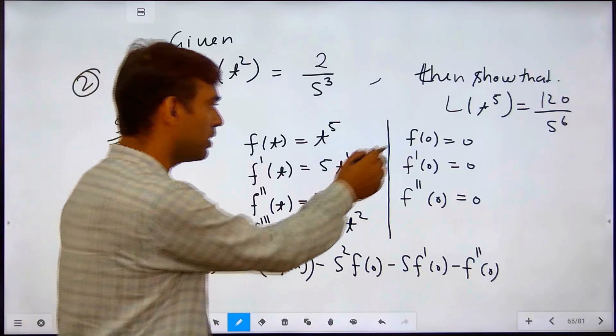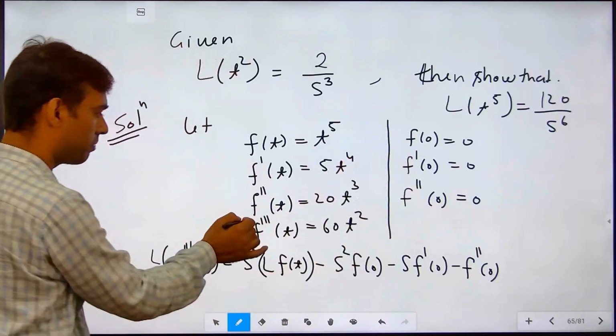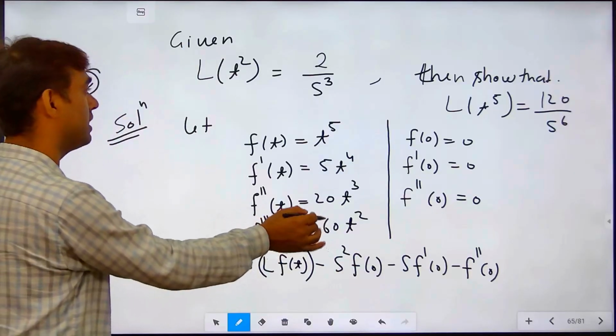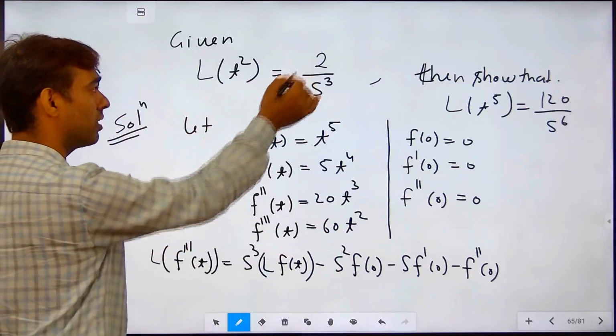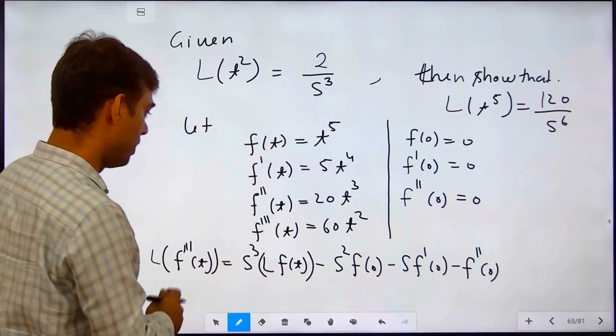So, we put all these values, with f triple dash t equal to 60 t square and the Laplace transform for t square equal to 2 upon s cube.